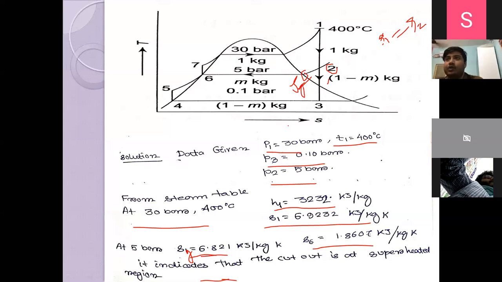Once we have got that the point is in the superheated region, we will use the superheated steam table. In the superheated steam table, we will put the properties S2 as 6.9232 and P as 5 bar. Using these two properties, we get the temperature of the superheated steam as 172 degrees centigrade.